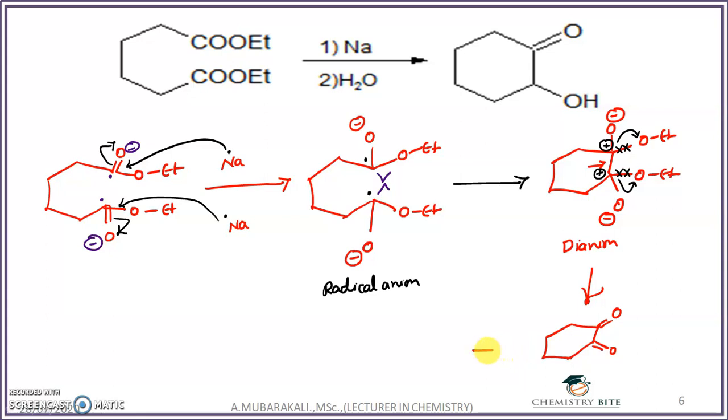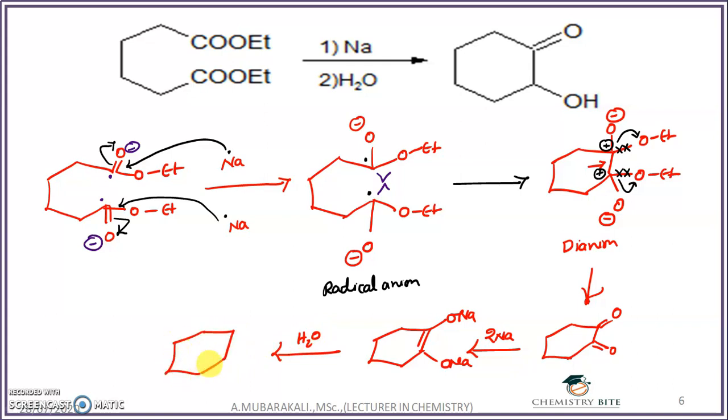So now this diketone further reacts with two atoms of sodium to form the dianion back. Okay, so it forms the dianion like this. After formation of the dianion, on workup with water, it will form the diol.